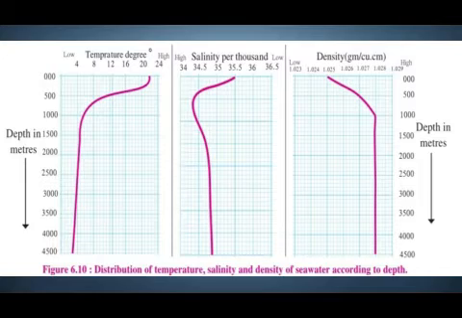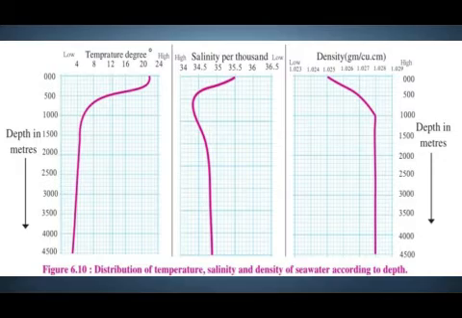Now, let us look at the graph, figure 6.10, that is the distribution of temperature, salinity and density of seawater according to depth. The graph shows salinity, temperature and density with reference to the depth of the seawater.